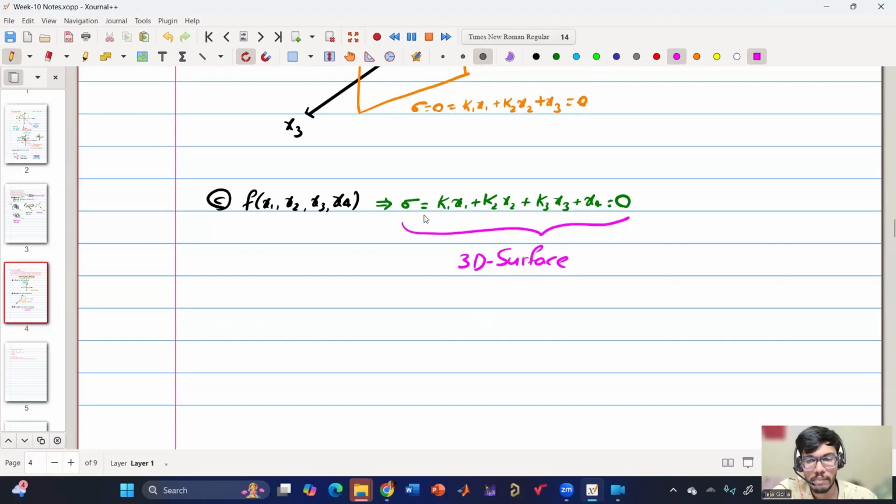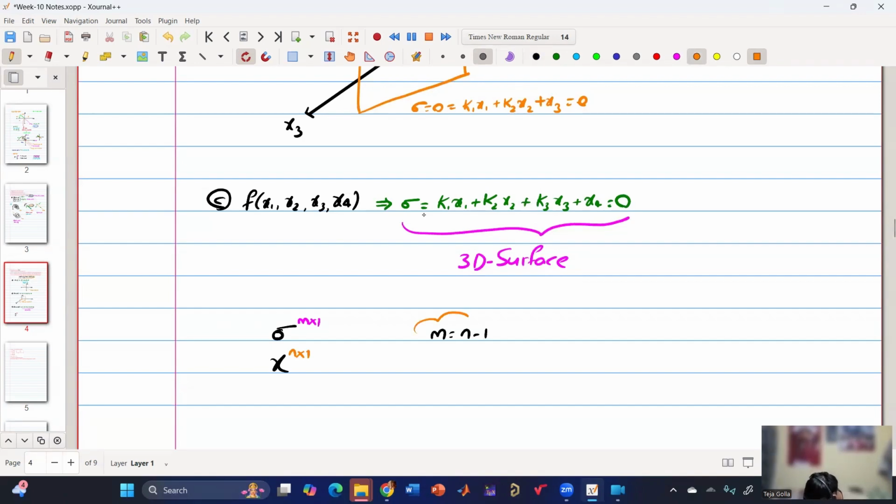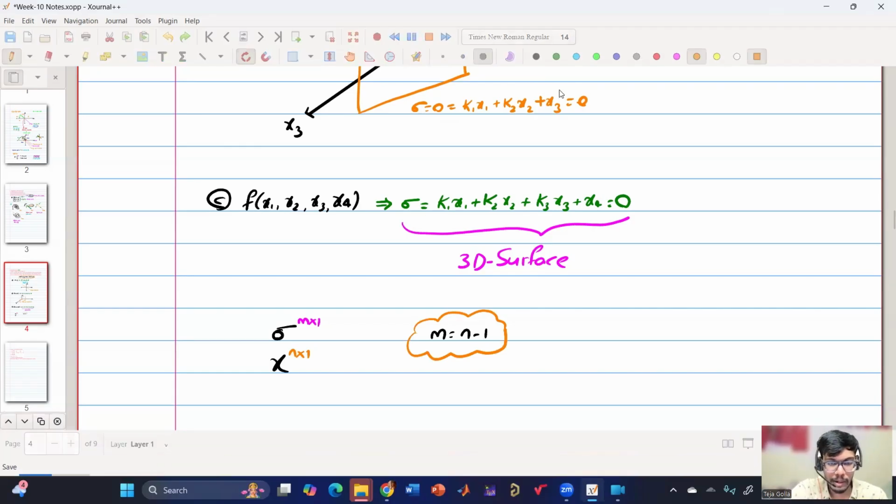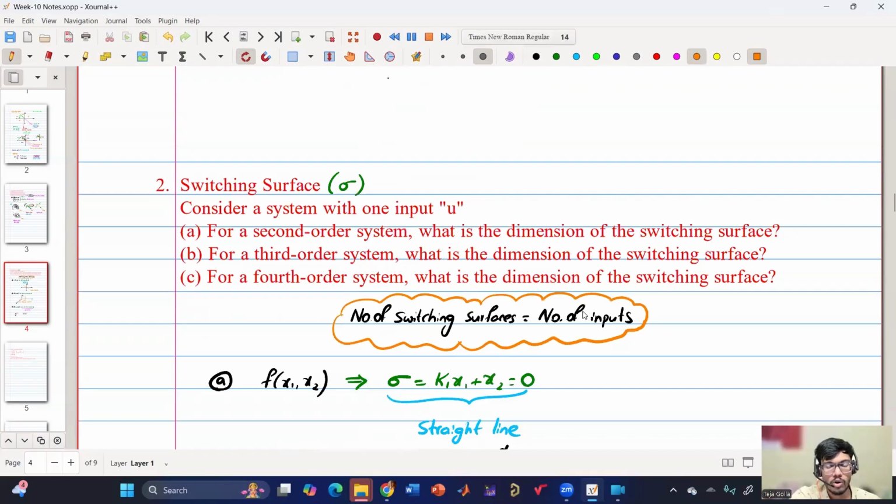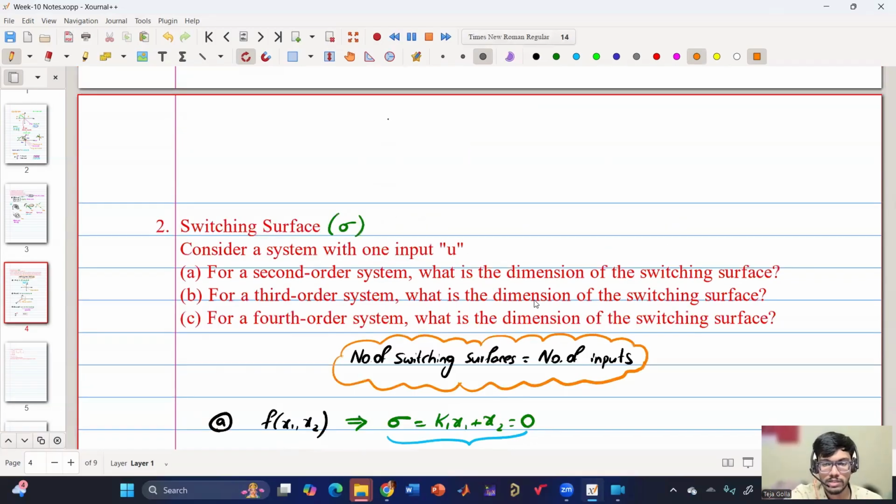Say if sigma is m cross 1, and x is n cross 1, then we know that m is equal to n minus 1. So this is one order less than that, and depending upon the order of this, the order of this is decided, and we can get the information about that. Is that clear?